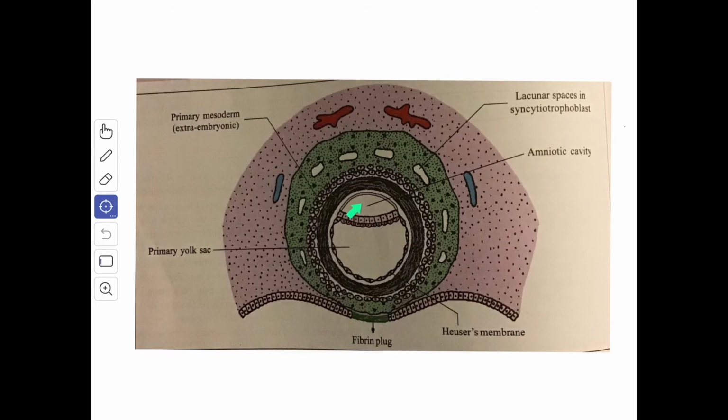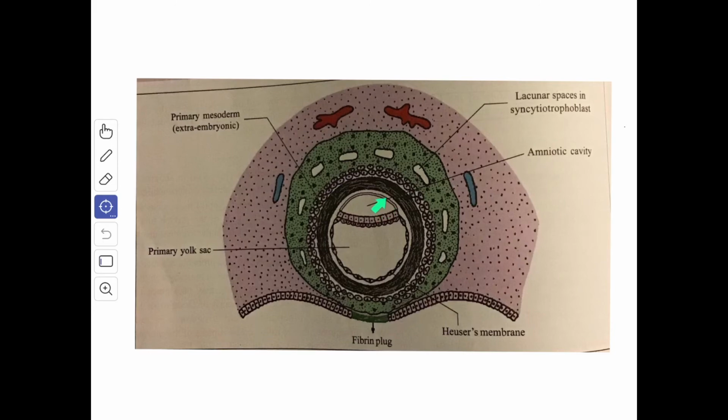The floor of the amniotic cavity is formed by the ectodermal germ layer, and its roof is contributed by a layer of flattened cells, the amnion, which is probably derived from the cytotrophoblast.